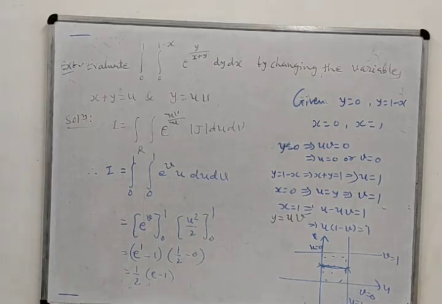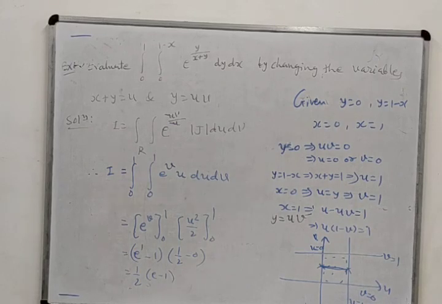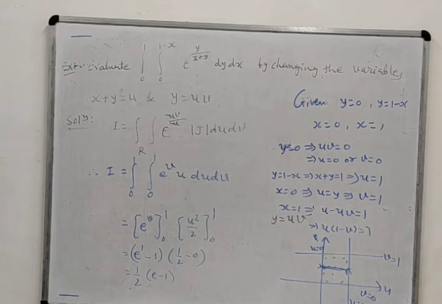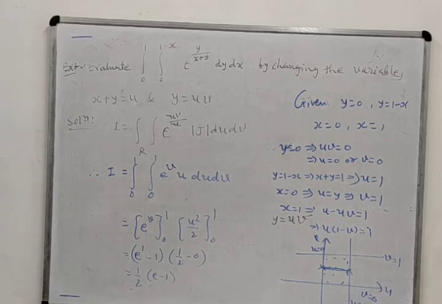So friends, you have seen here the conversion of Cartesian coordinates into any other coordinates of the kind u comma v, and this is known as change of variables form. Next time we will see some examples based on change of variables form. Then we will move further to the new topic of double integration.